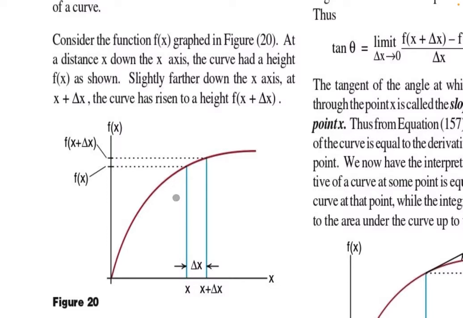Pag sinabi naman integral, ito yung sinasabi nating curve. Ang hinahanap natin yung area. Integral is always equal to the area under the curve. Yan. Ito yung area under the curve. Yung derivative, yung change nung slope. Ito yung nasa taas niya. Okay?